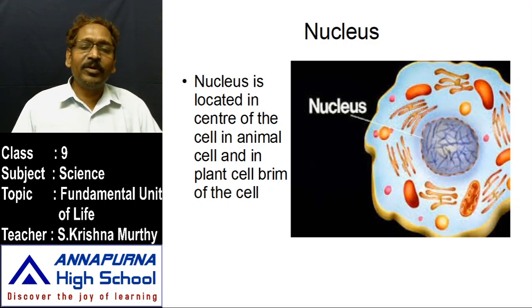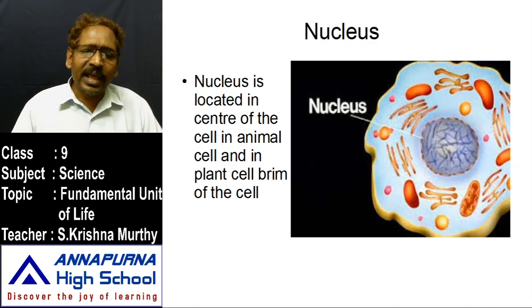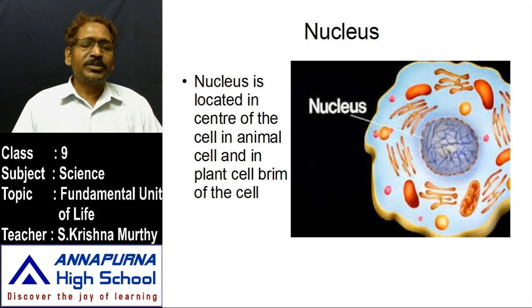What is meant by both? In both plant cell and animal cell, the nucleus is the important organelle, because the nucleus can control all actions within the cell. What are all the actions? For the life process, whatever activities are happening, for each and every one, it is synthesizing some amount of protein and supplying it to each and every part.